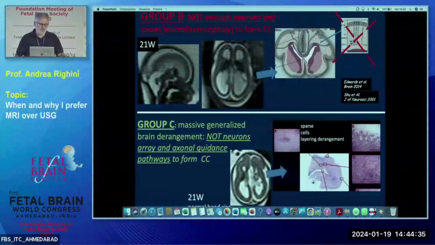Of course, it's very intuitive that you should not have the corpus callosum when the brain is very small, because there are not enough neurons, like in microcephaly; there's no axonal or neuronal material to form it, so it's pretty obvious.